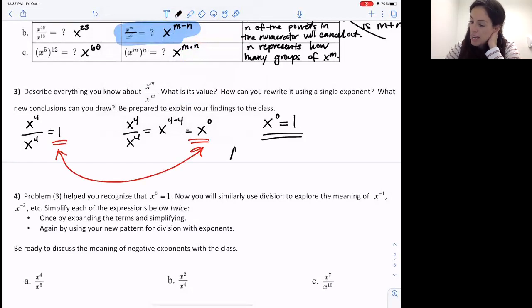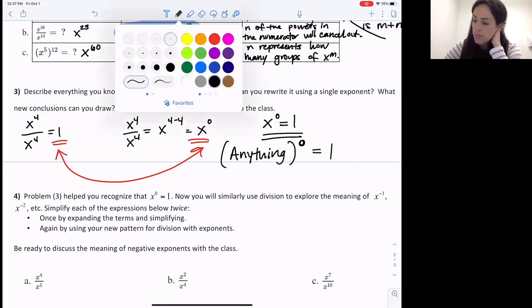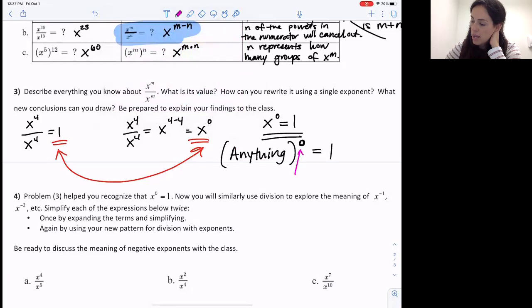And in fact, anything raised to the 0 power equals 1. Pretty cool. We're going to be seeing that some more this year.